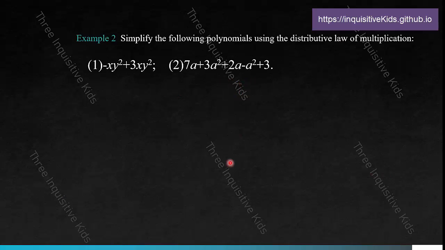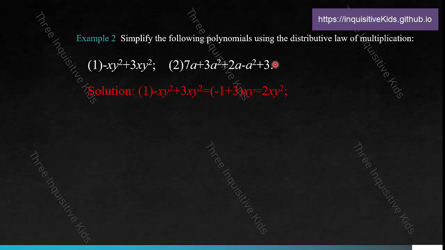Example 2. Simplify the following polynomials using the distributive law of multiplication. I am going to leave these two problems to you, and then after, unpause the video and share your answers. So the solution of the first one.